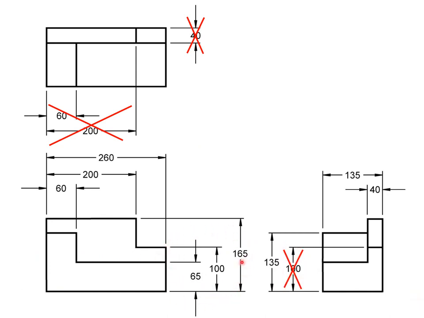We have a group of 3 dimensions, and unfortunately, we're going to leave the 135 on its own. We can move the 135 over and make it part of the larger group, and place the dimension here. But then you're going to deal with a long extension line. And second, it's just a lot cleaner to leave the 135 here where we're actually measuring a height. So we'll leave the 135 alone. Next slide.